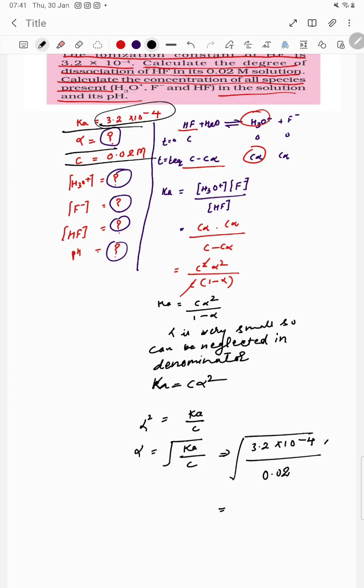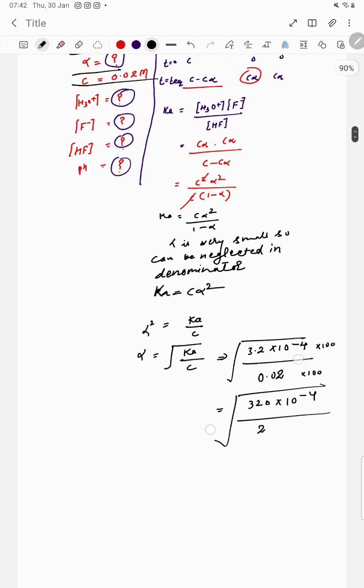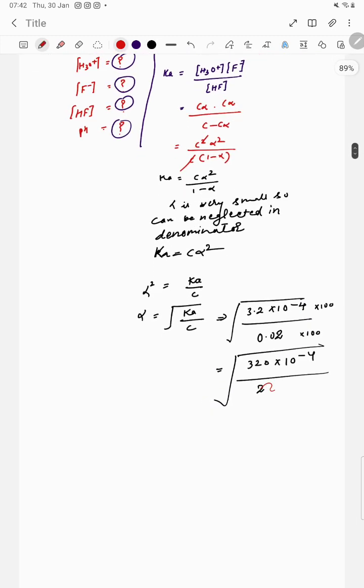You can multiply this by 100, and this is also by 100. So it will come 320 into 10 power minus 4, and here it will come 2. This will be in the root. So you see here, this can be cancelled. 160 will come, 160 into 10 power 4.